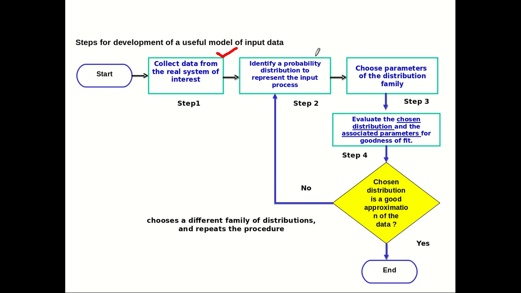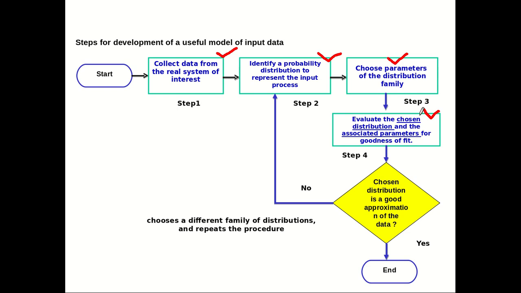We identify the probability distribution to represent an input process. In the third step, we choose a parameter of a distribution family, and in the fourth step, we evaluate the chosen distribution and associated parameter for goodness of fit. So we are going to apply the chi-square goodness of fit test at the fourth step.